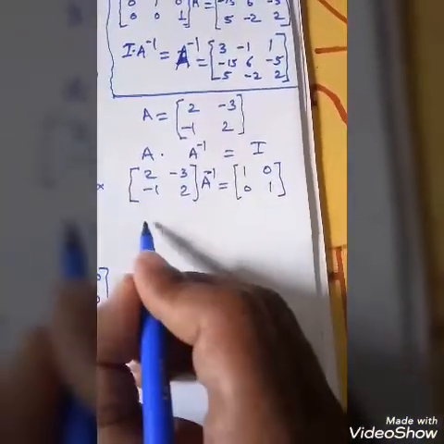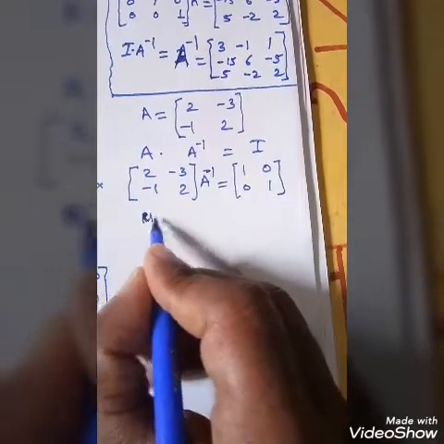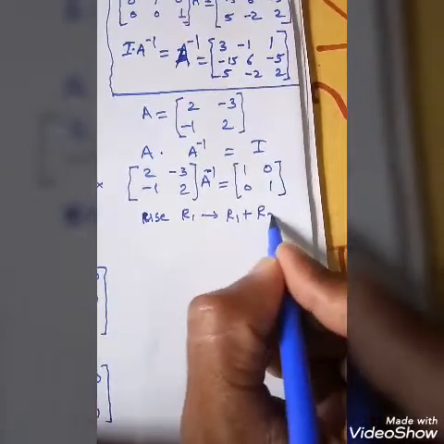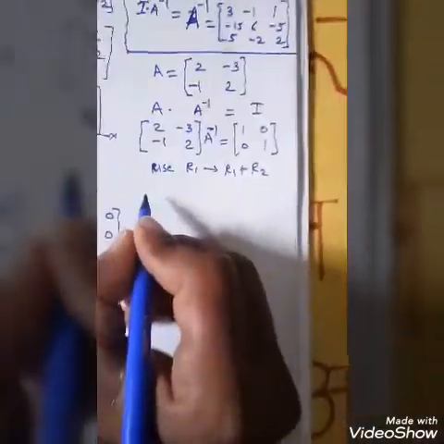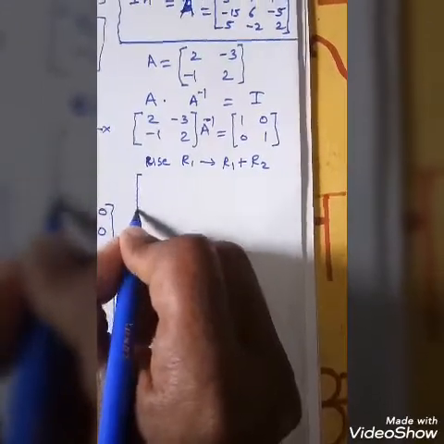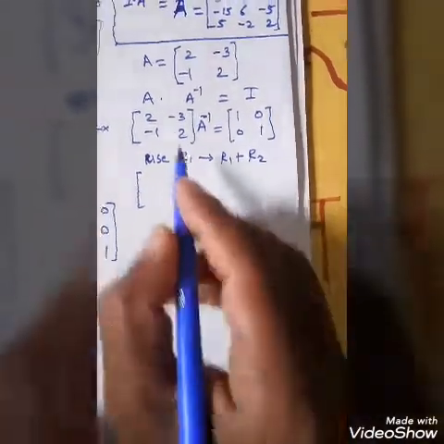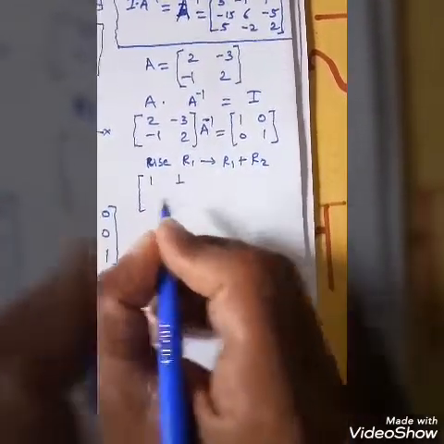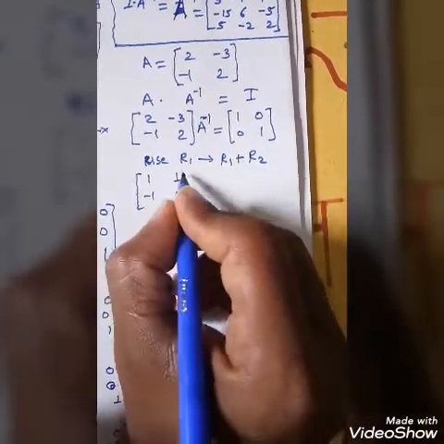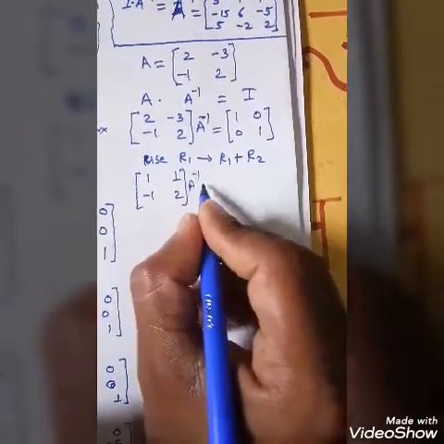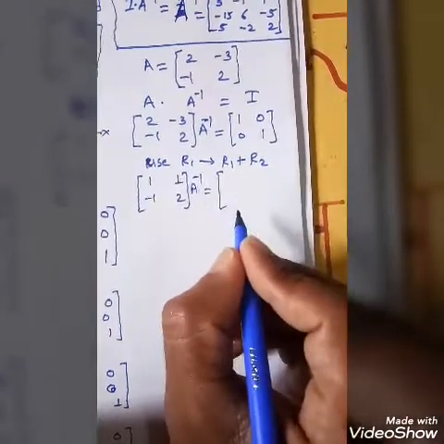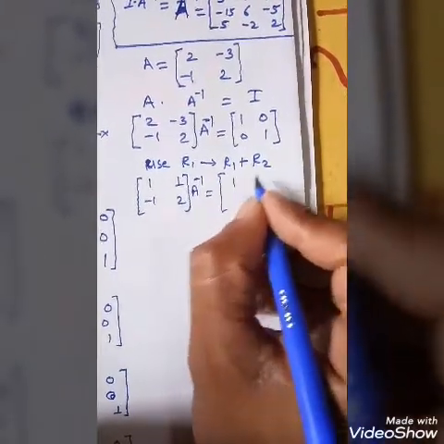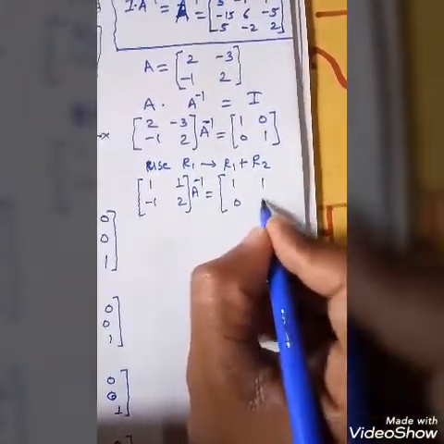First convert this element into 1. The operation is on row 1: R1 plus R2. See here, if we do R1 plus R2, we get 1 here: 2 plus minus 1 is 1, minus 3 plus 2 is equal to minus 1. Second row as it is, and the same transformation, same operation is used on the right hand side: 1 plus 0 is 1, 0 plus 1 is 1.